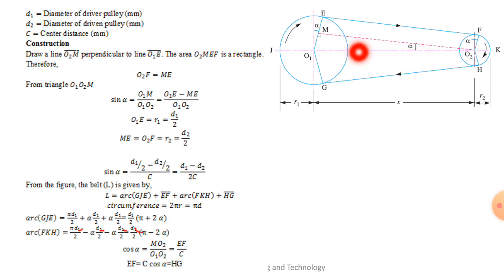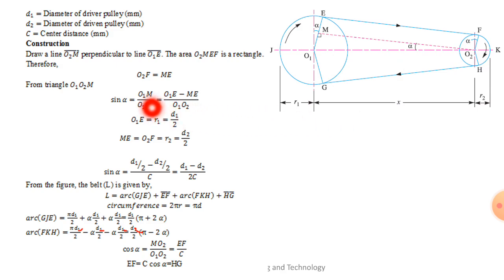Opposite to this alpha angle, the opposite side is O1M. So sine alpha is O1M, the opposite side, divided by the hypotenuse. The hypotenuse will be O1O2. O1O2 is nothing but C, the center distance. It's also called X.